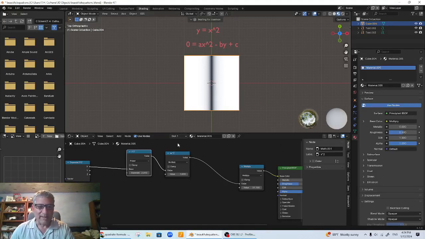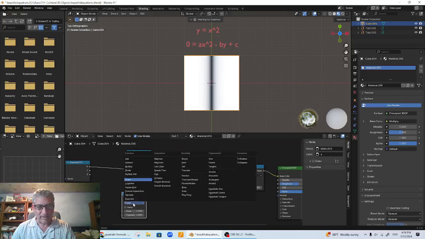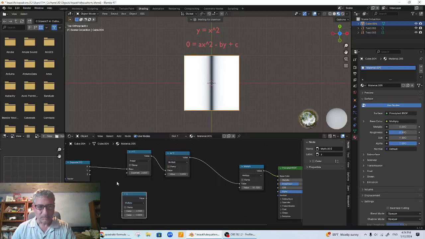Now we have minus by. So y needs its stuff. I'm going to bring this down here and change its label to just y. Because it's just y, it's going to be multiplied. I'm going to connect y to it.